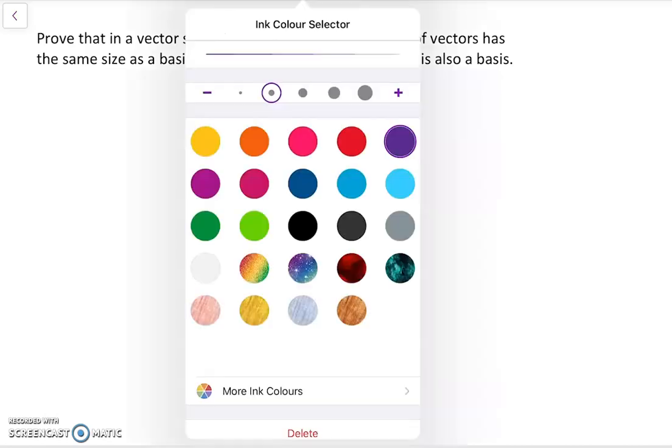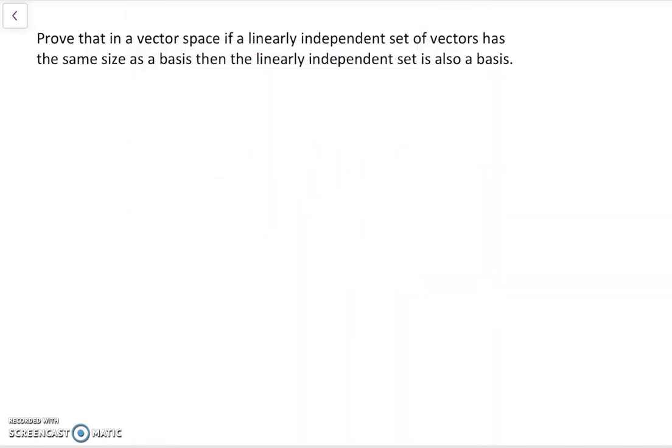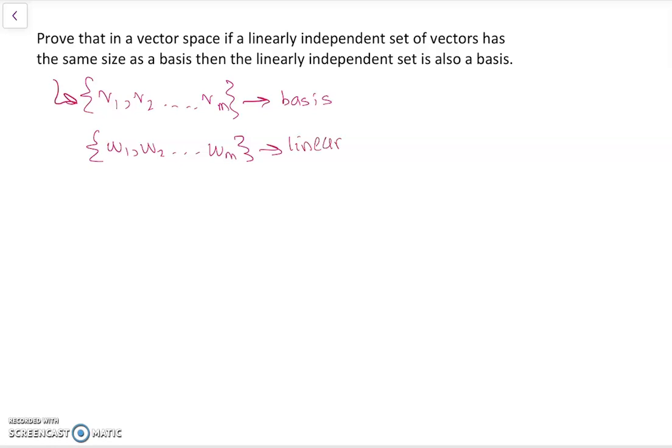Okay, so what I'll do is I'll let v1, v2 up to vm be a basis. So the v's are going to be a basis, and I'll make the w's, w1, w2, up to wm, a linearly independent set within the vector space.